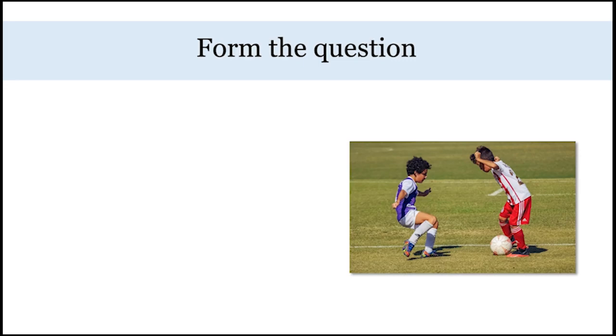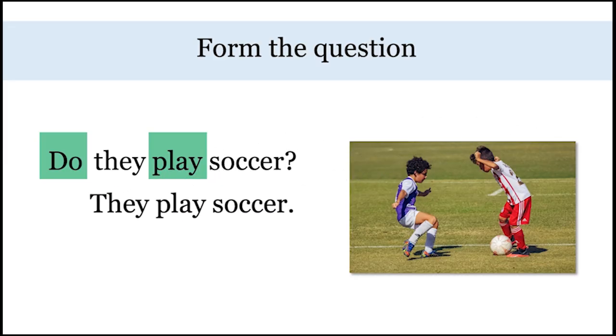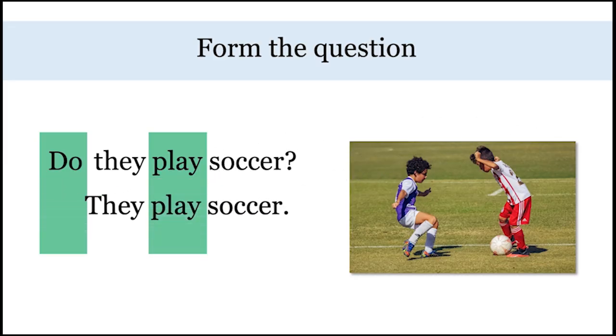Let's practice. You will see a sentence on the right. They play soccer. To make the question, use do. Do they play soccer? Okay, now look. We've got do and the subject they and play. And if you look at the sentences together, do they play soccer is the same as they play soccer with the do at the beginning.